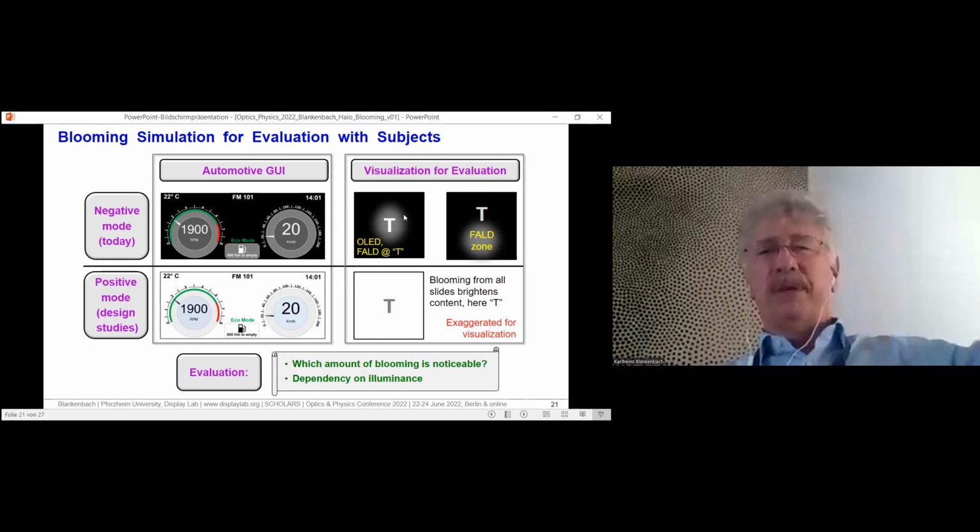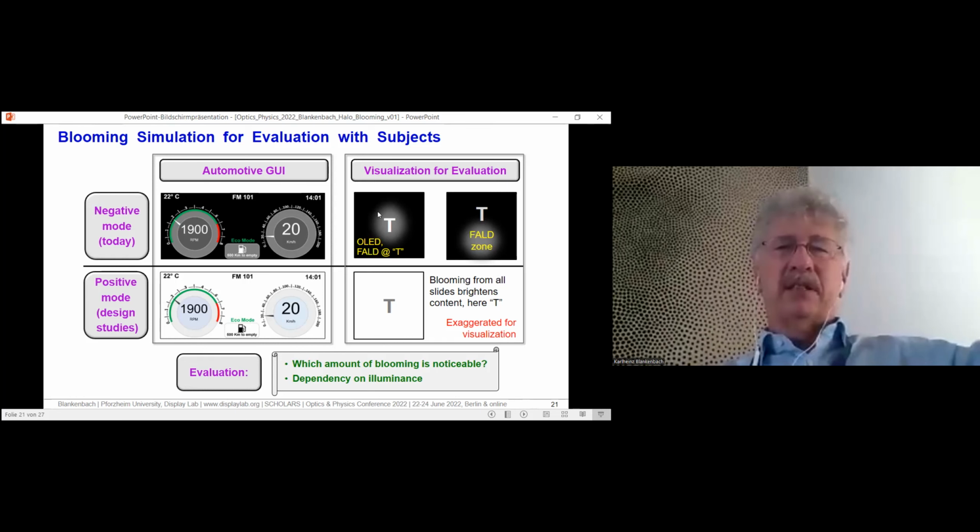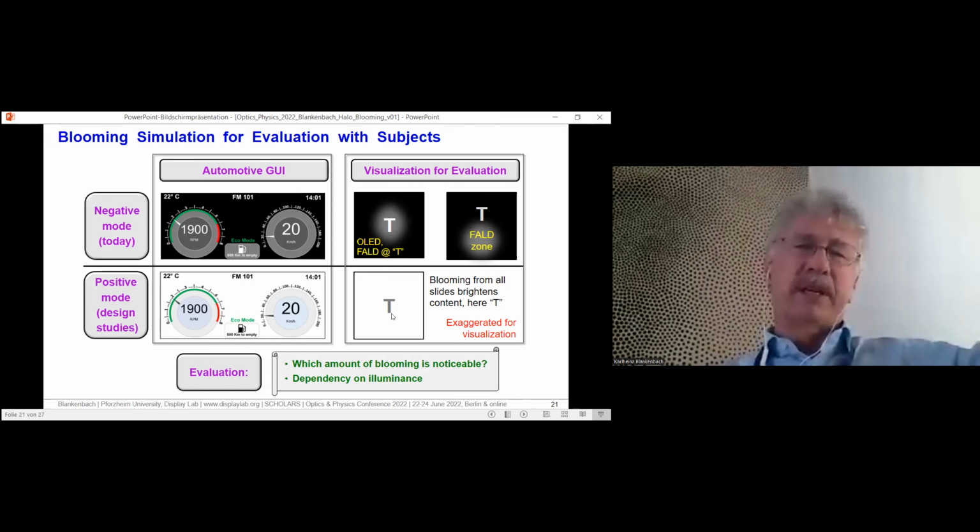The effect of blooming and halo is that surrounding areas get brighter. This is here where the backlight LED is directly behind the icon, but as the icon can be placed everywhere randomly, it could also be set in surrounding areas only. And for positive mode, all bright light from the surroundings spreads as blooming or halo into this tiny black symbol.